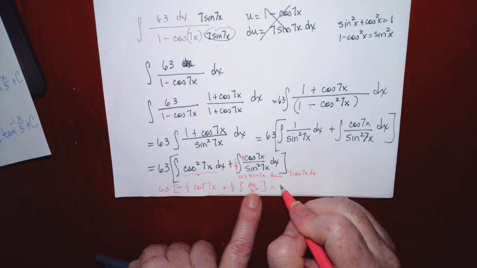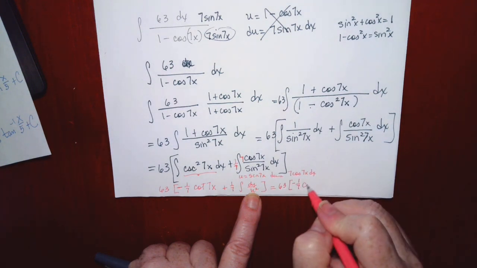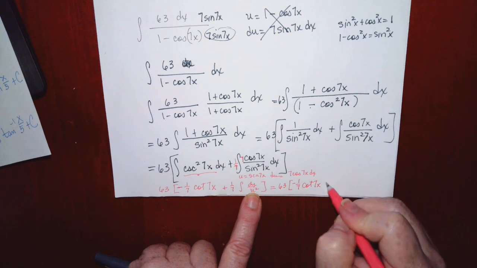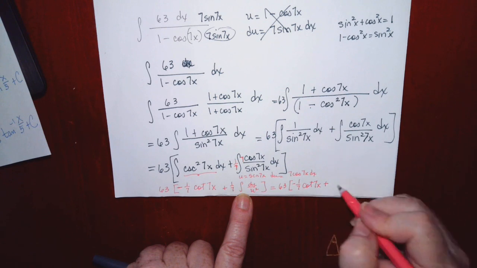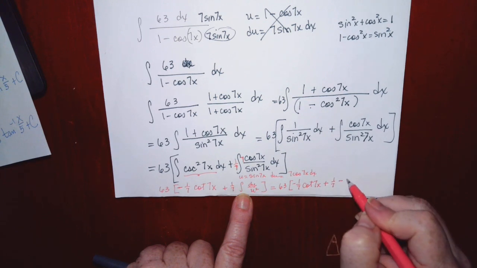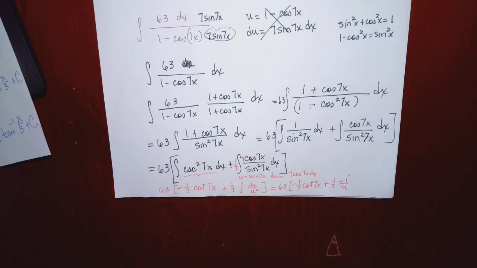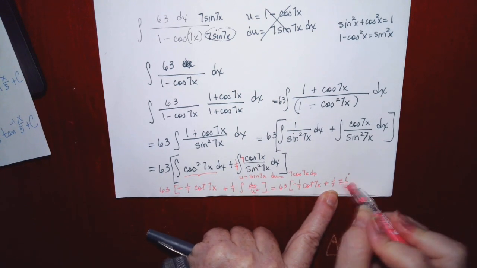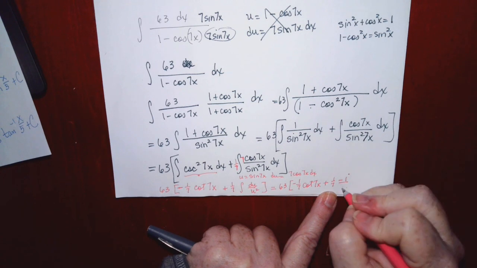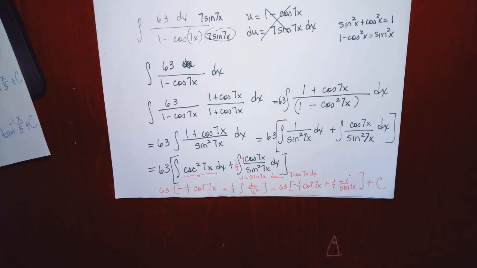So we would end with 63 times negative 1/7 cotangent of 7x plus the integral of u to the negative 2 du is negative 1 u to the negative 1, or negative 1 over u, which in this case, since I've run out of paper, I'm going to go ahead and erase that and put in what u was in terms of x. That would be a negative 1 over sine of 7x, and then plus c.